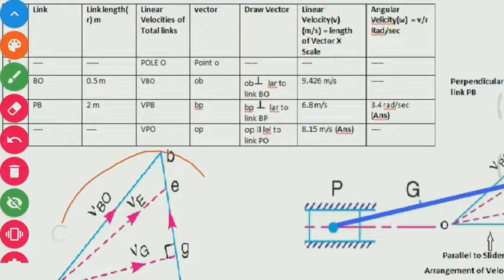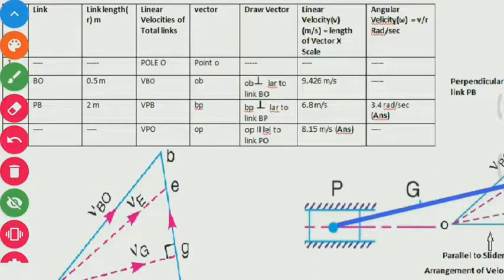In the next column it is shown how to draw the velocity diagram by drawing a vector OB perpendicular to link BO. Then draw vector BP perpendicular to link PB.